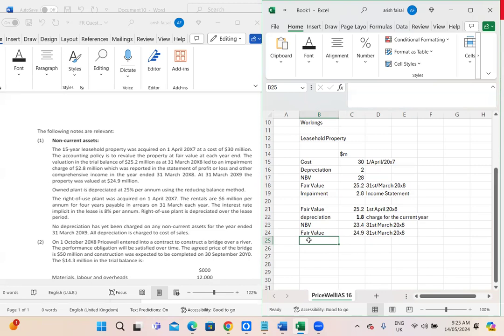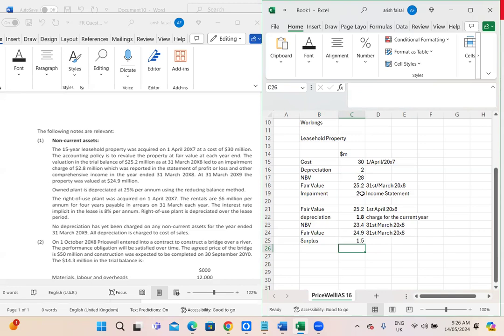So in this case, there is a surplus of 24.9 minus 23.4. So there's a surplus of 1.5 actually. Now we have already recorded an impairment of 2.8.